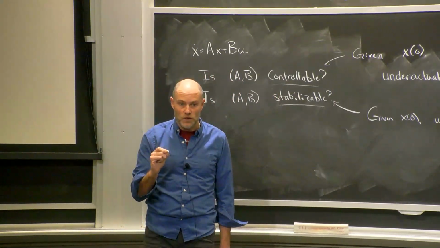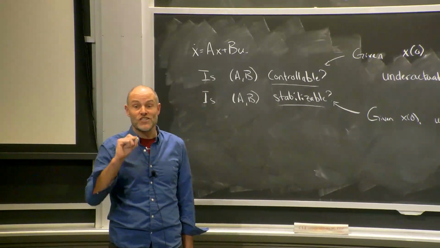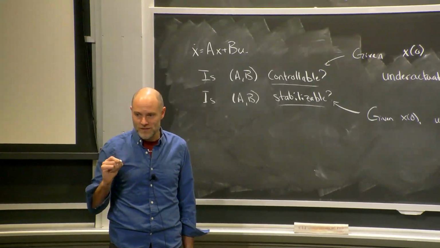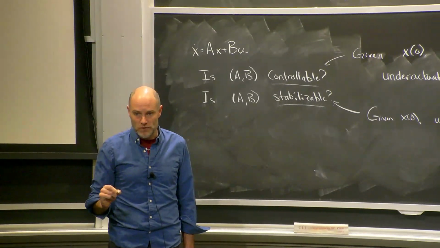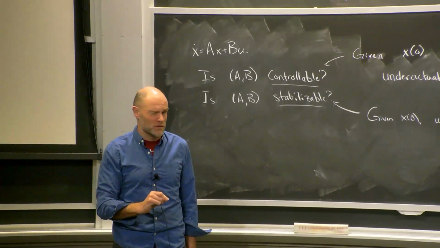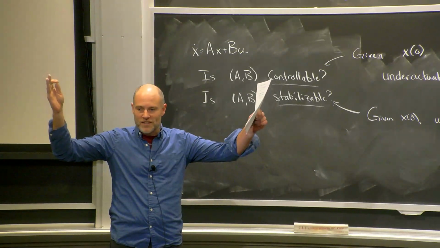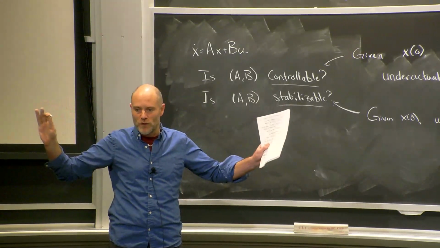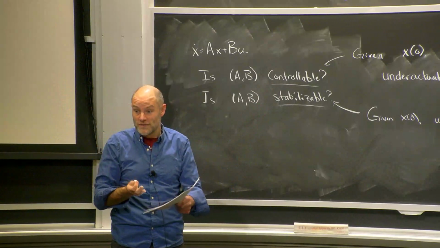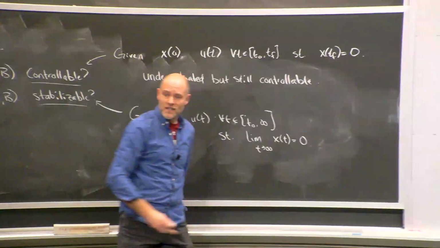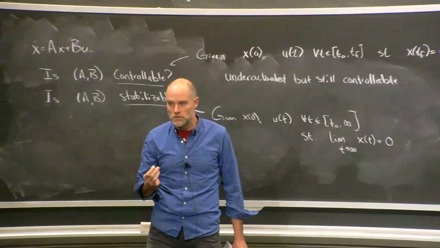Here's an example. A system that is stable and has no control inputs is stabilizable, but it is not controllable. Did I say that right? Yeah, if the system has no control inputs, you have no control authority, but it's already stable, then the limit as t goes to infinity, x will go to the origin.